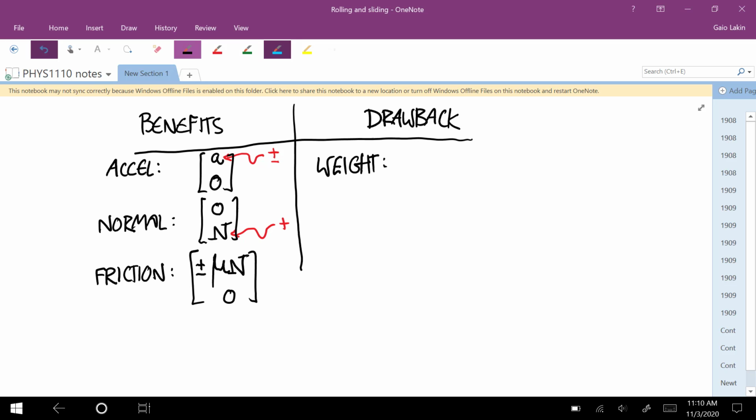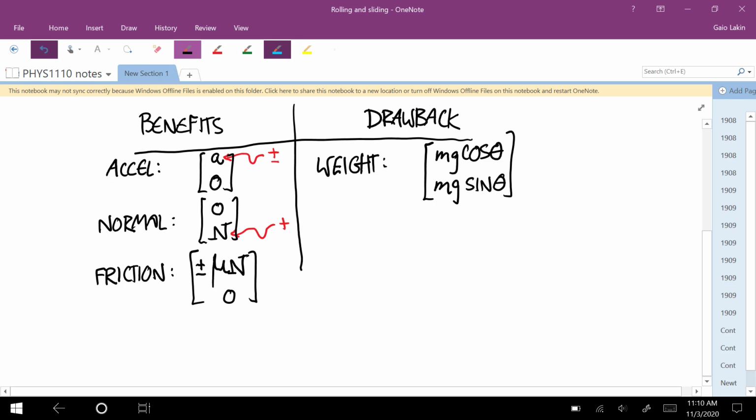We're going to have to write it as mg, and remember that g is positive 9.81, so this is just the magnitude of the weight force. And then we're going to have to multiply that by a cosine of an angle and a sine of an angle. So now instead of instantly writing down the components of the weight force, we're going to have to calculate that.